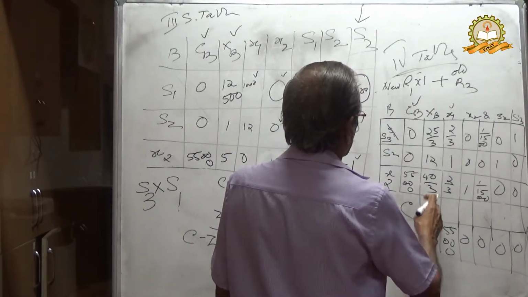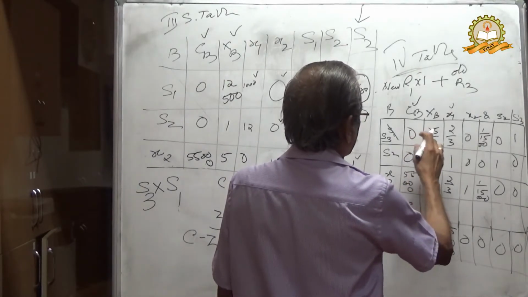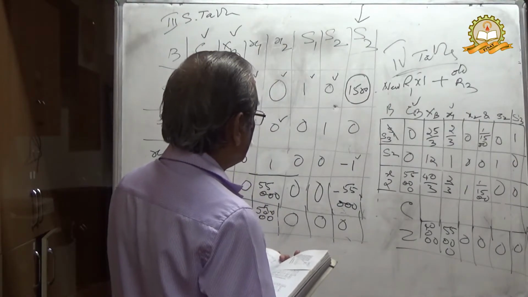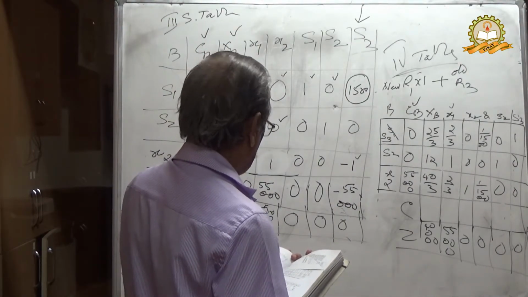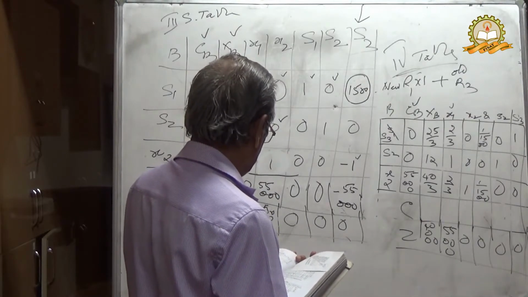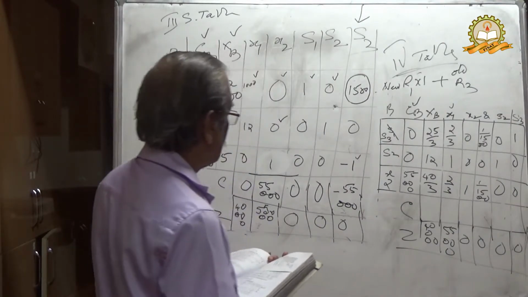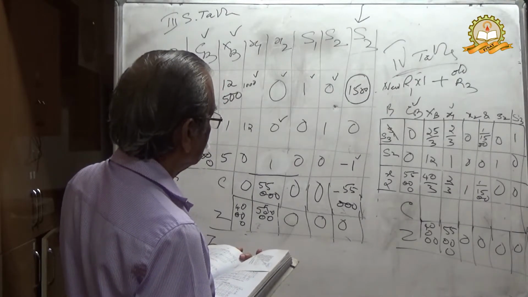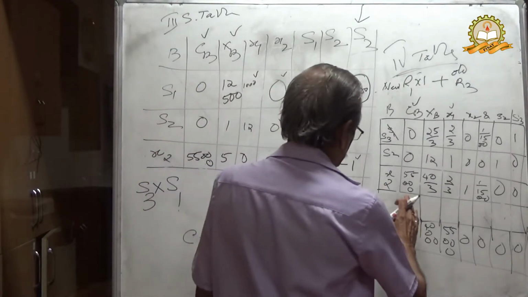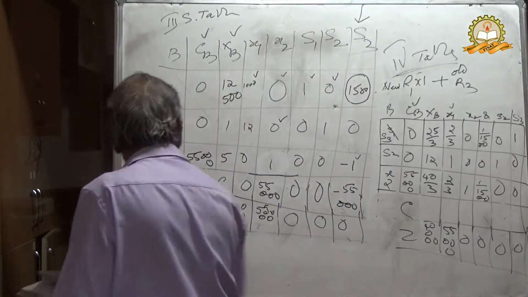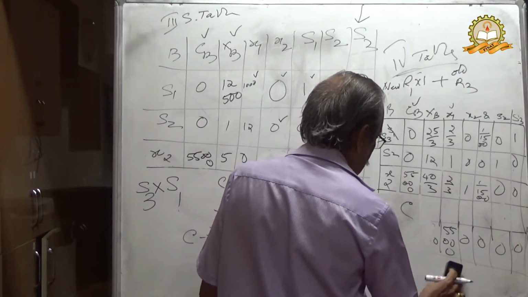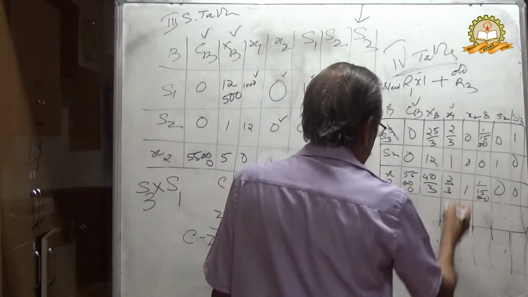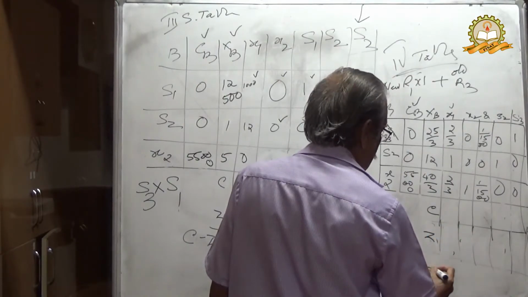Therefore, this will be 0 into xb, 0 into 25 by 3, under xb, a small change in the columns, under x1. This is C, this is Z, C minus Z.